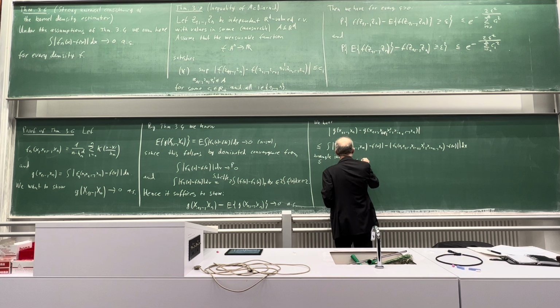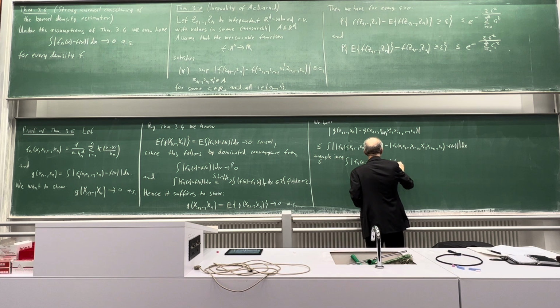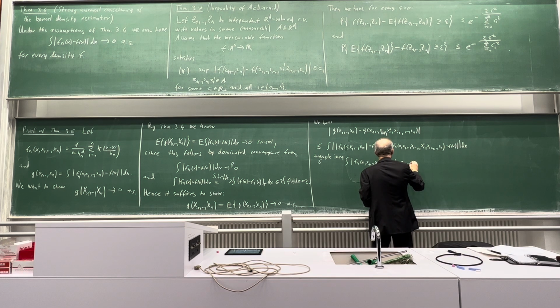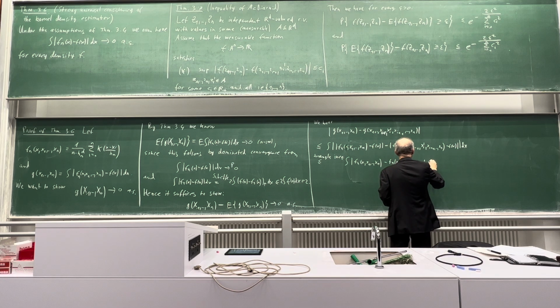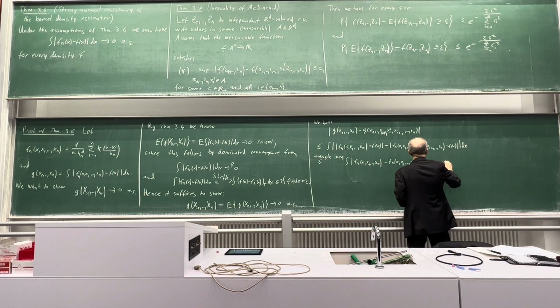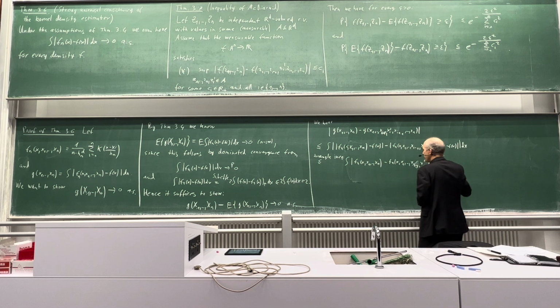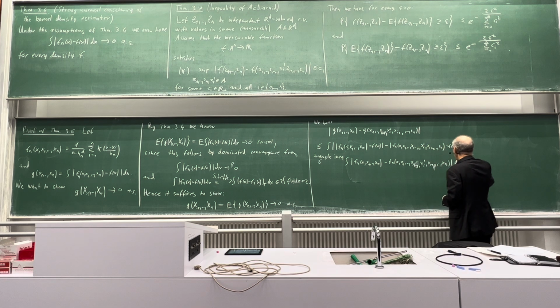This is the integral of the absolute value of fn of x, x1 to xn, minus fn of x, x1 to xi minus 1, xi prime, xi plus 1, dx.